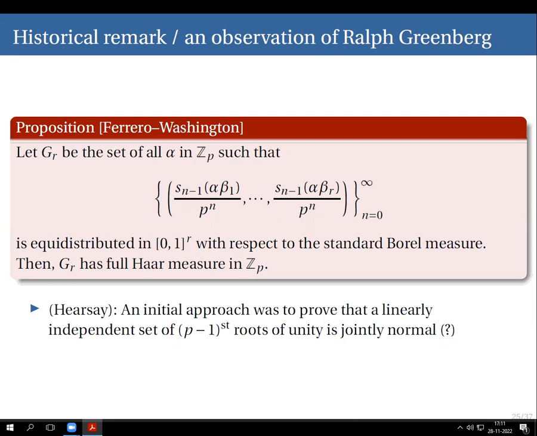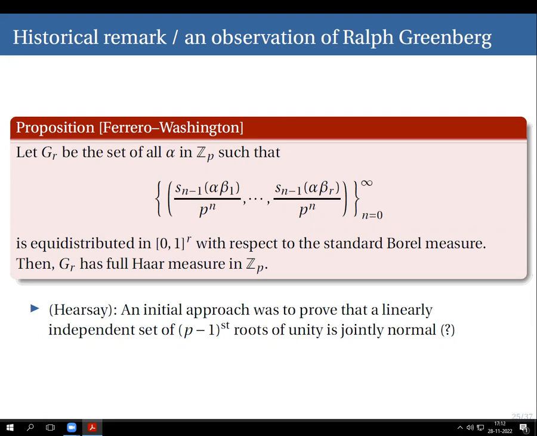Those are algebraic numbers that are not rational. So initially they didn't think of adding these alphas, and they just wanted to prove that this tuple is equidistributed without introducing alpha. And they were just stuck. I think Ralph heard this talk, he's my advisor. And he said, okay, why don't you try to introduce this parameter alpha? And then the next day, Larry Washington proved it, apparently.